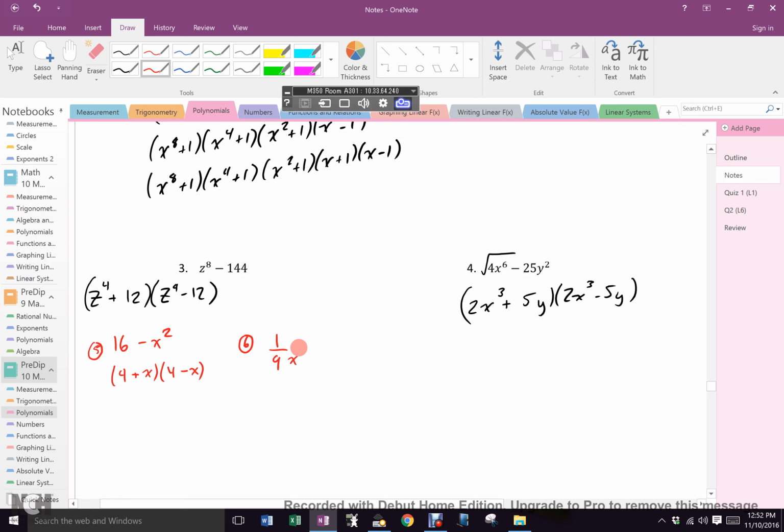1/9 x squared minus 25. Is that okay? Why? X squared is a square, and then 25 is a square. And is 1/9 a square? 1/9 is a square. What is it?